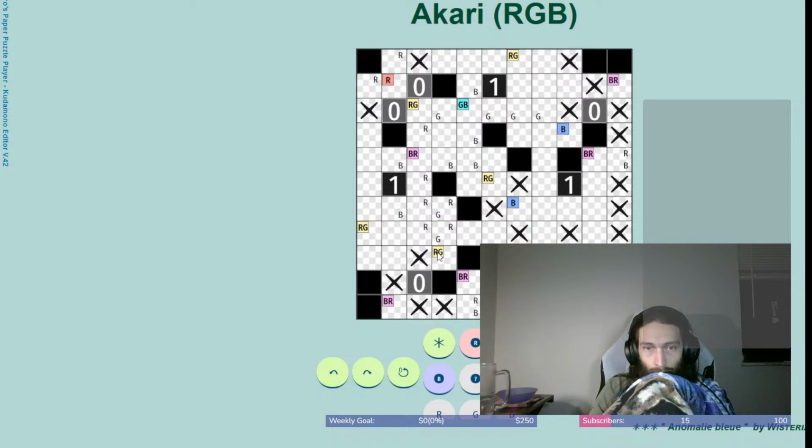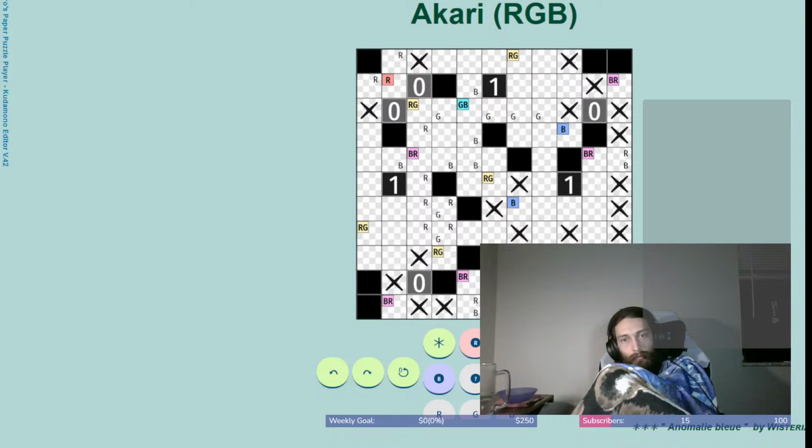So then you couldn't put anything else by that 1. Right. But that's only if the other one is red and you need a blue. Because if that one's blue, you need a red, and then the red could go in any of the 3.